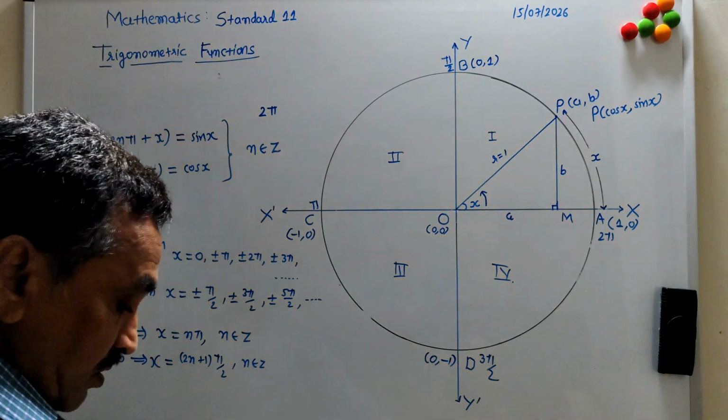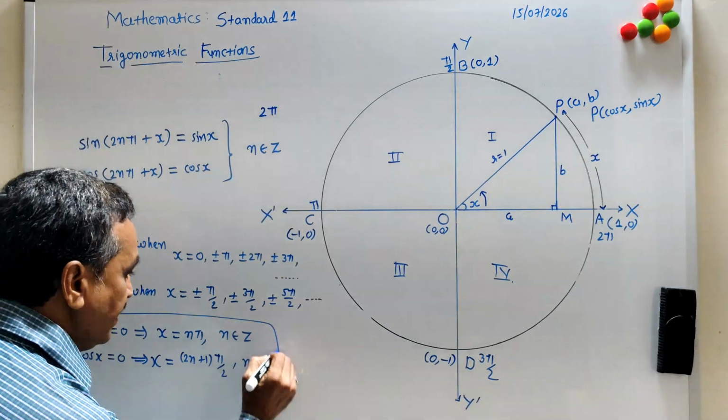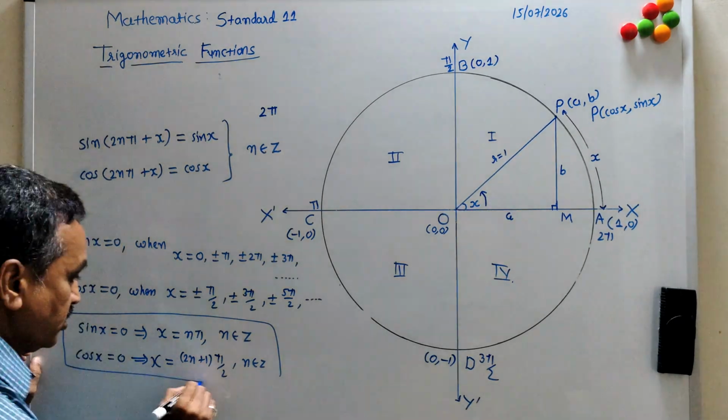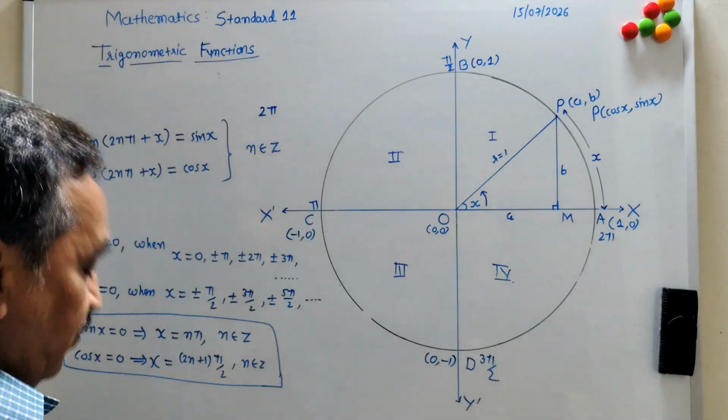This is very important, when sine and cosine are 0.